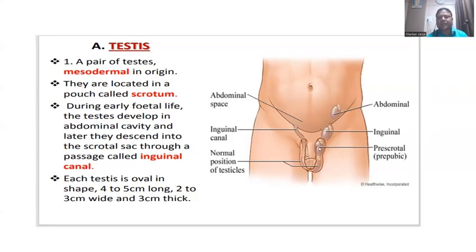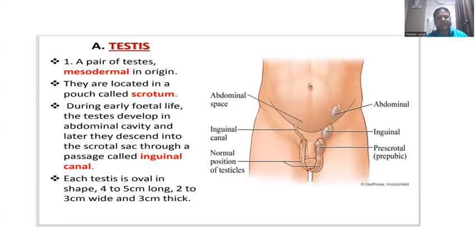Why are the testes coming into the scrotal sac? To maintain a little bit cooler temperature at the time of puberty for development of sperm. At body temperature, testes do not undergo spermatogenesis properly.